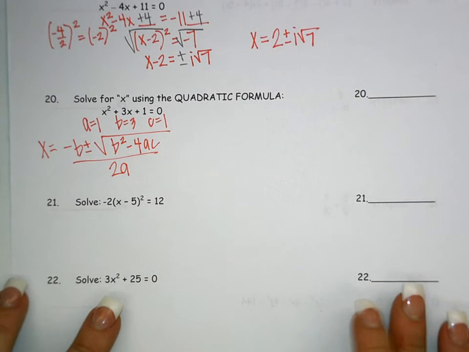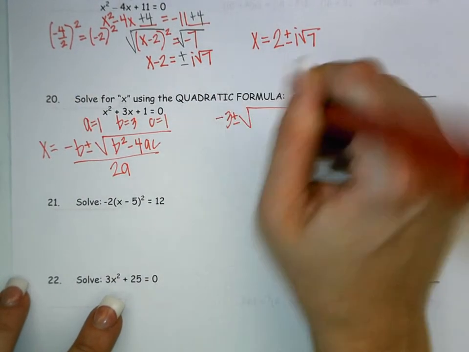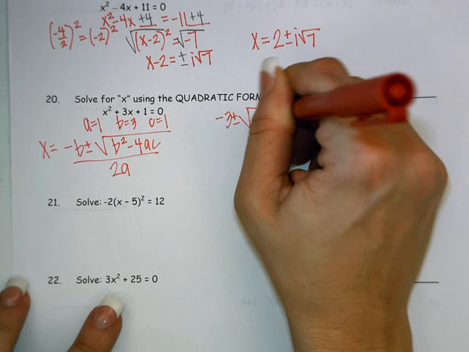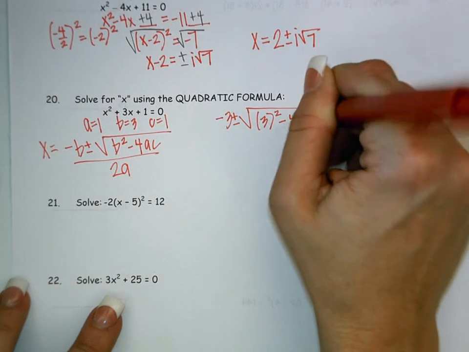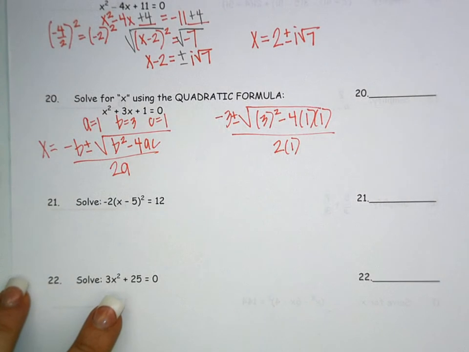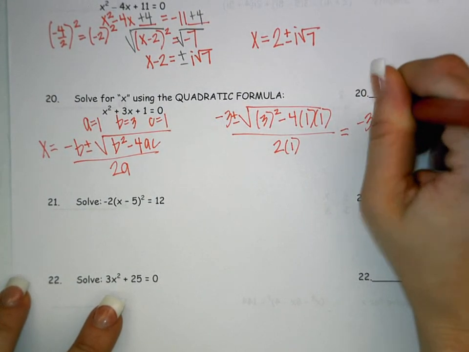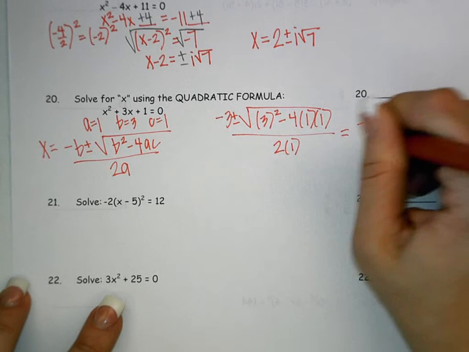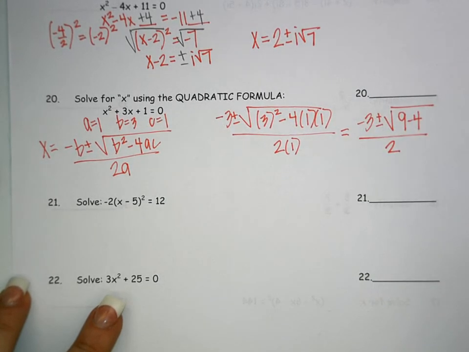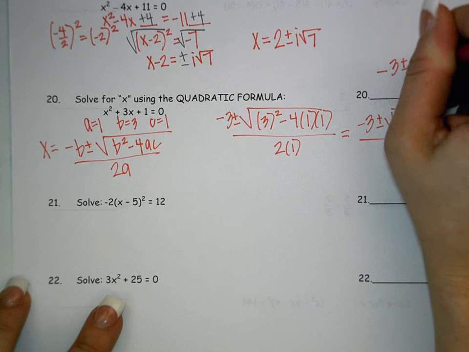If we plug into that, we get negative 3 plus or minus radical 3 squared minus 4 times 1 times 1 over 2 times 1. Leaves you with negative 3 plus or minus 9 minus 4 over 2. And when you simplify that, we get negative 3 plus or minus root 5 over 2.